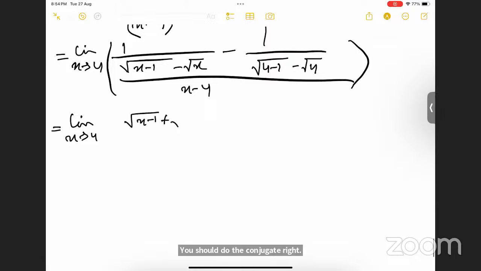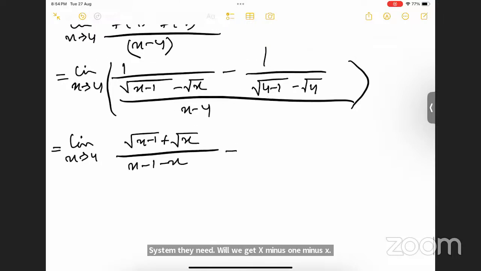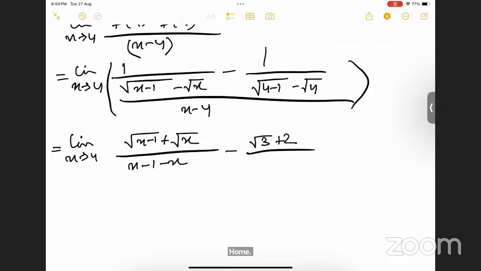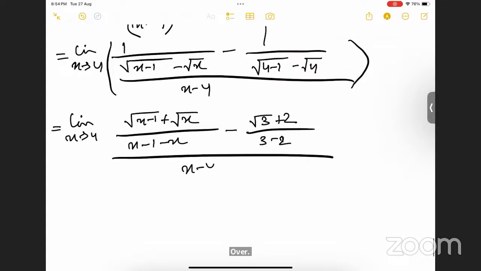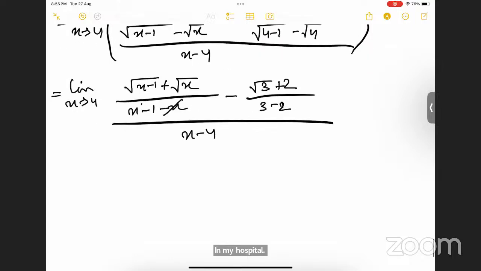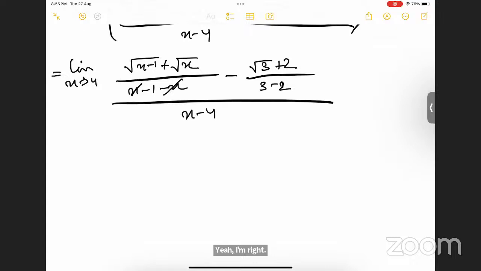We will multiply both with this term. Then we will get x minus 1 minus (x minus 3) plus 2 over 3 minus 1, 3 minus 2, right? Yes, ma'am, right. Okay, this term will be cancelled out, and this is 1, this is 1.